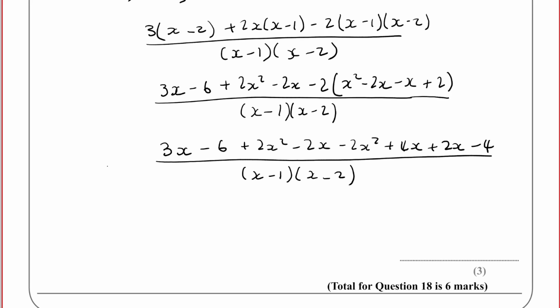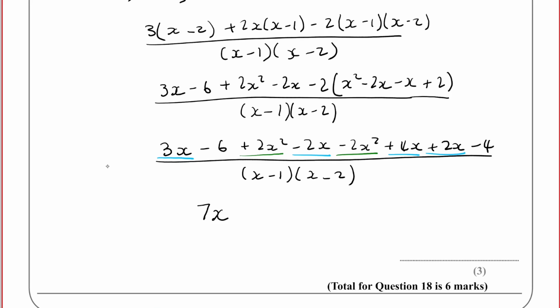Now we're going to collect our like terms. So for the x squareds, I've got 2x squareds, take away 2x squareds, that's nothing. The x's, I've got 3, take away 2, so 1, plus 4, so 5, plus another 2, so 7x's.